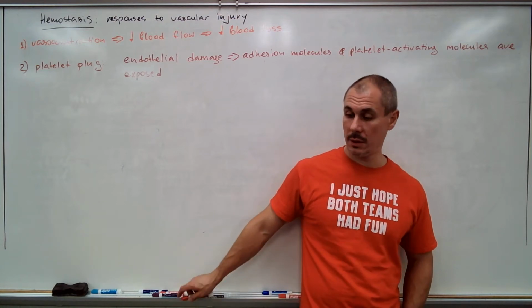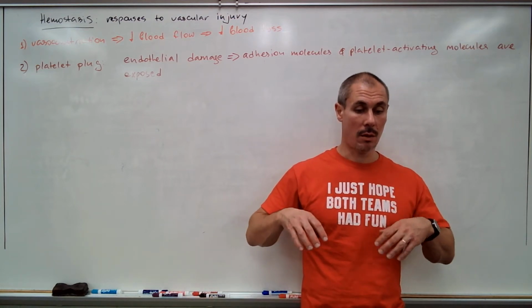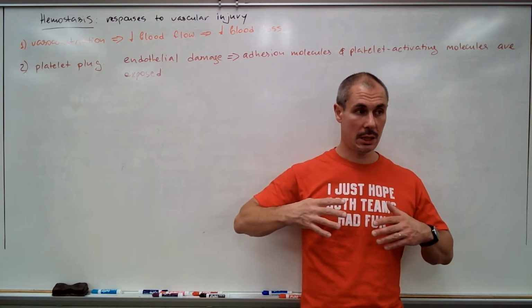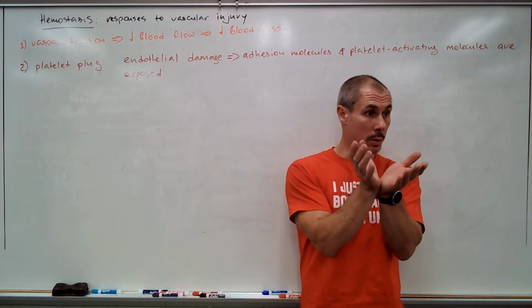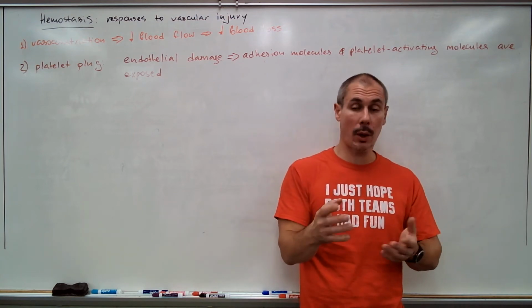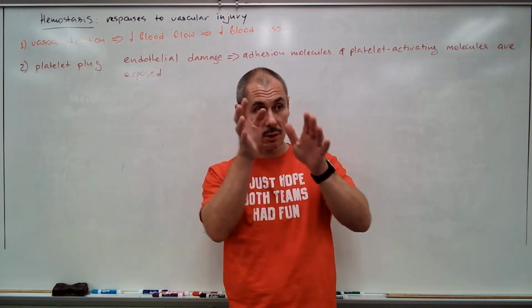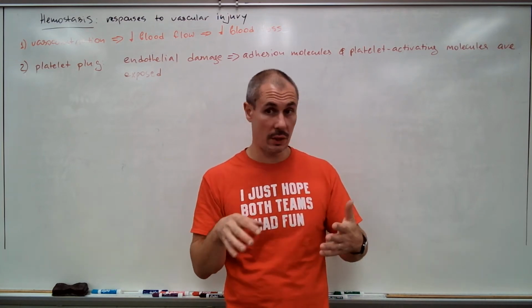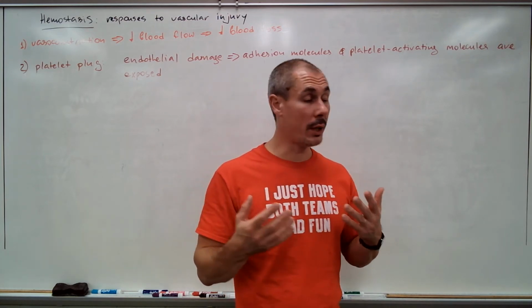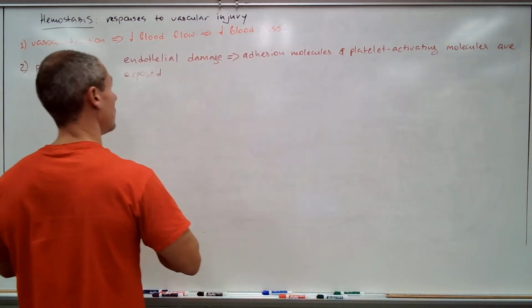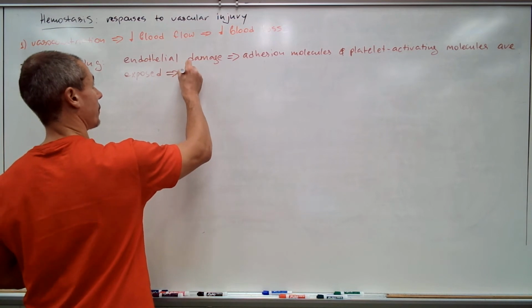So basically think of it this way. Suddenly, the molecules that are not supposed to be exposed to the blood suddenly become exposed because of endothelial damage. They may be found on the basolateral surfaces of endothelial cells. That makes sense? So point in case, when this exposure happens, this results in the platelet activation.